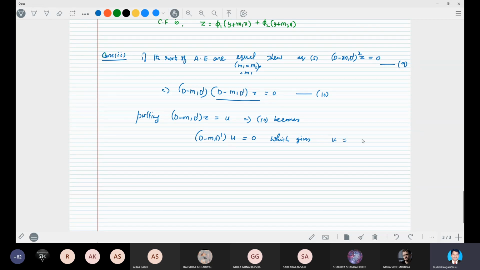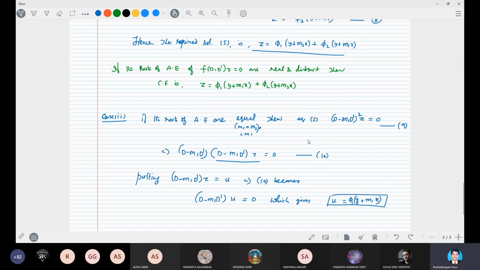So therefore the solution is u is equal to phi 1 of (y plus m1x), right? This is the first order PDE in u, so we can solve as earlier.